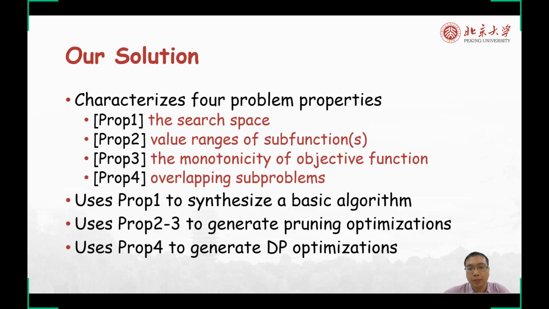Prop 2 and 3 define the feasibility and optimality of search branches and are used to prune unpromising branches as early as possible. Prop 4 is one of the main properties that suggests that the given problem can be solved via dynamic programming. We use Prop 4 to decide whether to apply DP optimization.